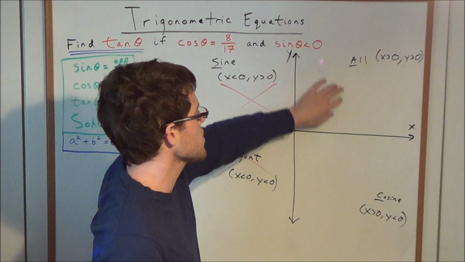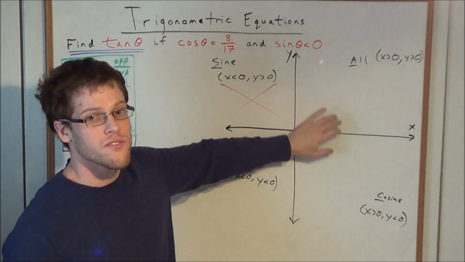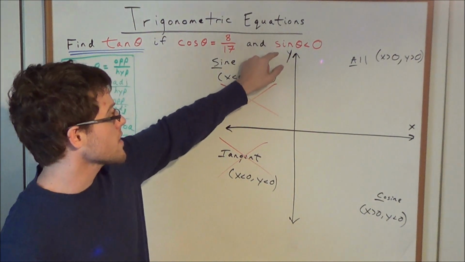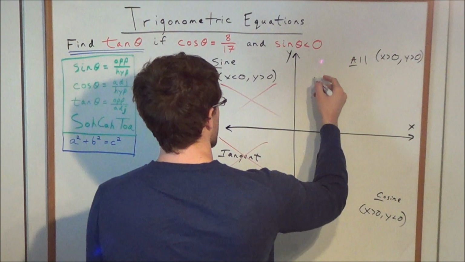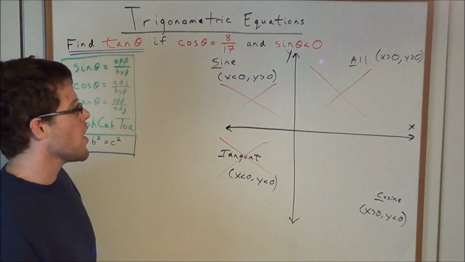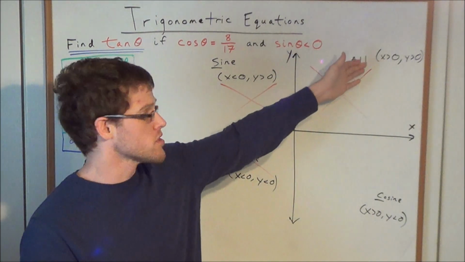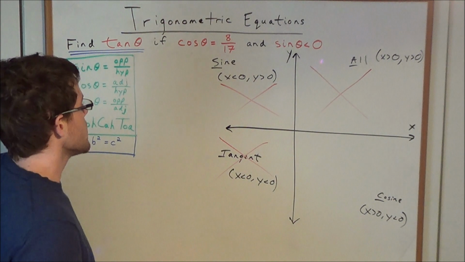This leaves us with the first and fourth quadrant. To determine which we're in, we use the fact that sine theta is less than 0. If sine theta is less than 0, that eliminates the first quadrant, because all of the trigonometric functions are positive in the first quadrant.